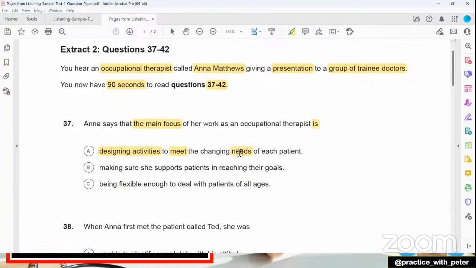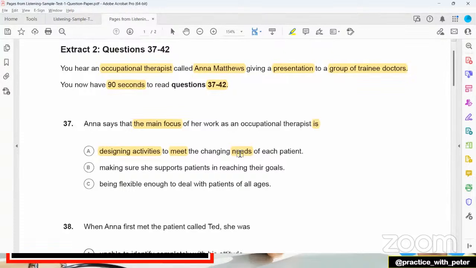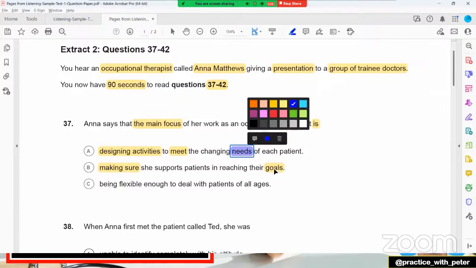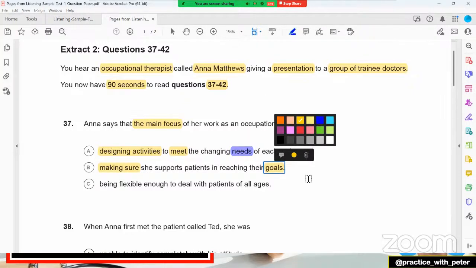So the need is changing depending on the demand of the body. Situational demands. Making sure means ensure she supports patients in reaching their goals. Needs are important. Here goals are important.